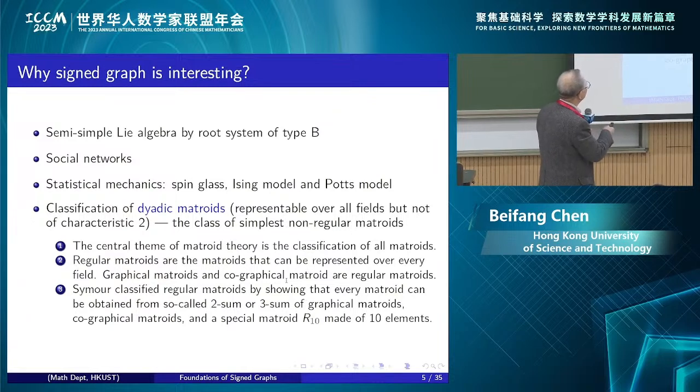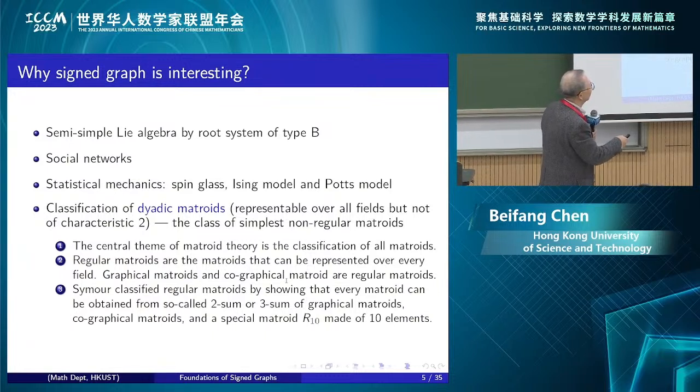The social networks also use it; originally the signed graph comes from social networks. In statistical mechanics, spin glass is a model, and more generally for the graph, the Potts model is related to the signed graph.